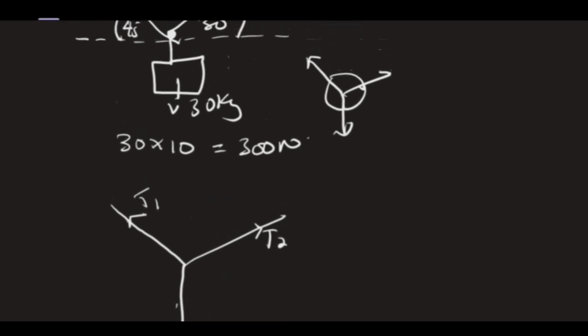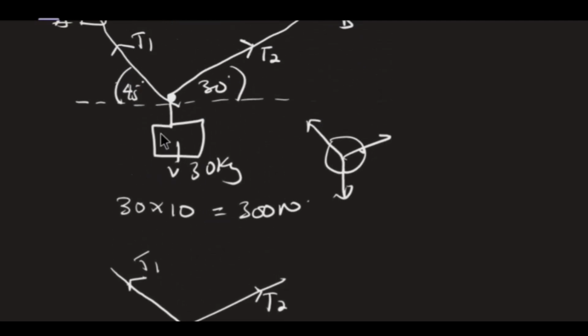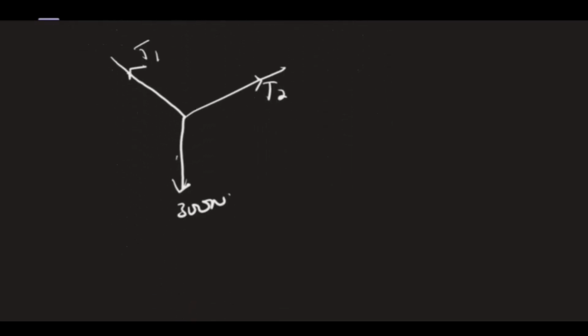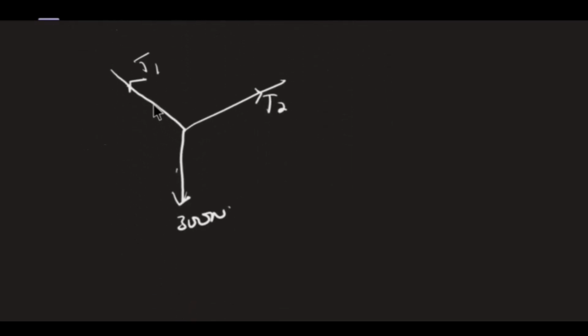Now let's see, the angle T1 is making here is what? 45. This place is vertical because it's weight. It's making an angle of 90 with this, 90 with this. To find the total angle here, I'll add 90 to this and I'm getting 135. So the total angle between T1 and 300 is 135 degrees.